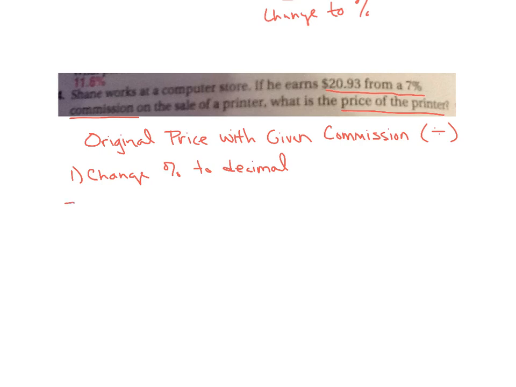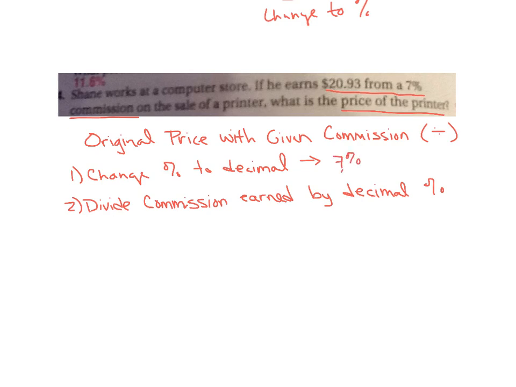And 2, divide the commission earned by the decimal percent. So, change percent to decimal. We have 7%.